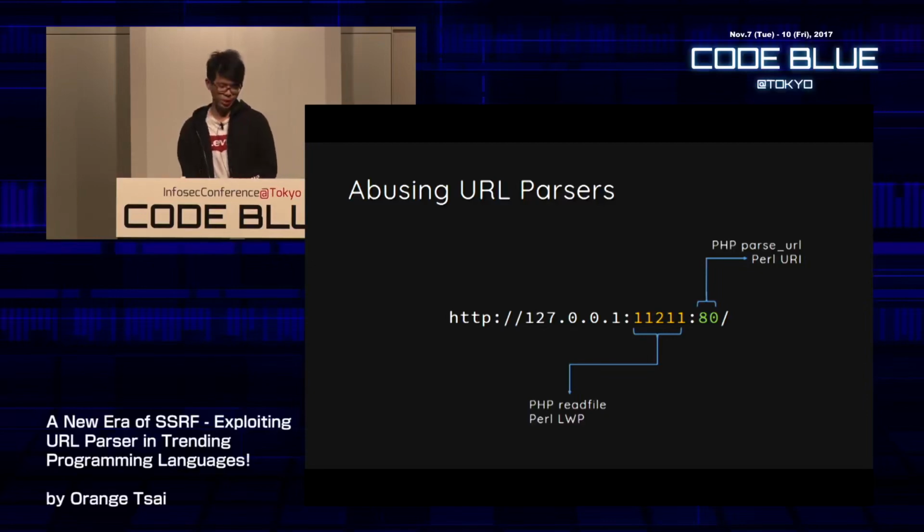But actually, PHP's file_get_contents fetches port number 11211. Both parse_url and file_get_contents are built-in functions in PHP, but their behaviors are very distinct. So we can use this inconsistency to bypass the check.